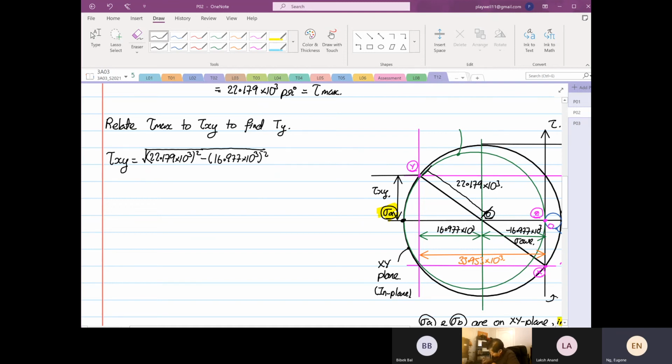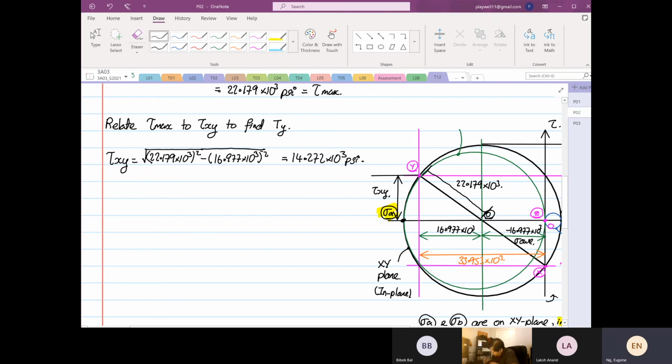So this will be equal to the square root of 22.179 to the power 3 squared minus 16.977 to the power 3 squared, which is 14.272 times 10 to the power 3 psi.